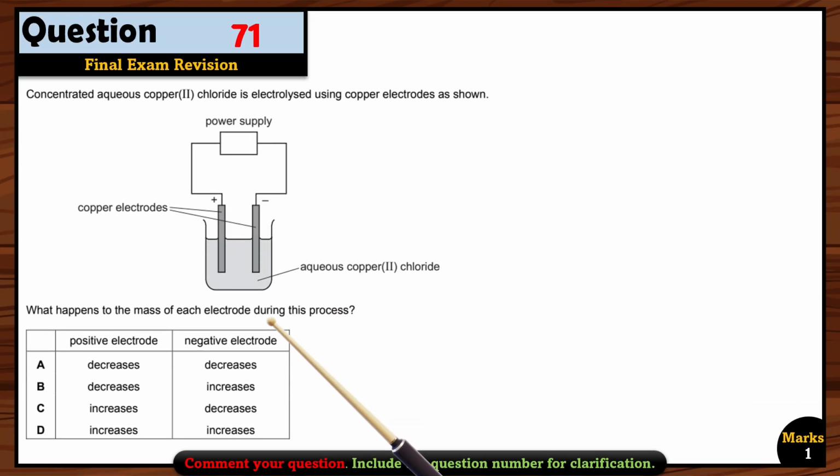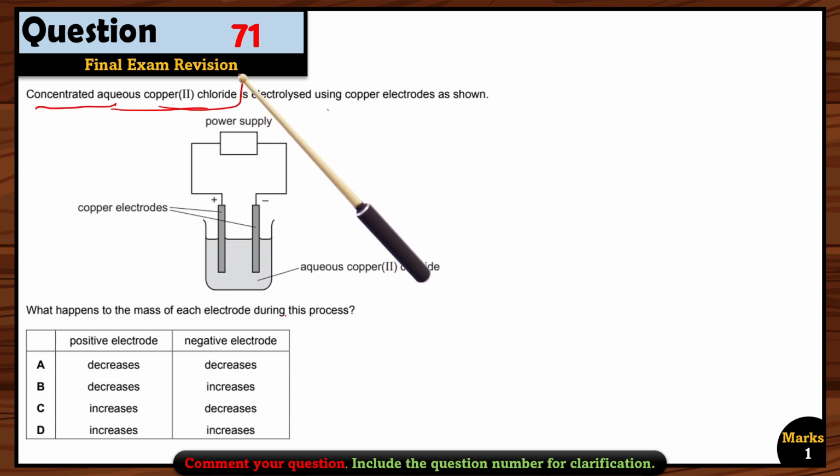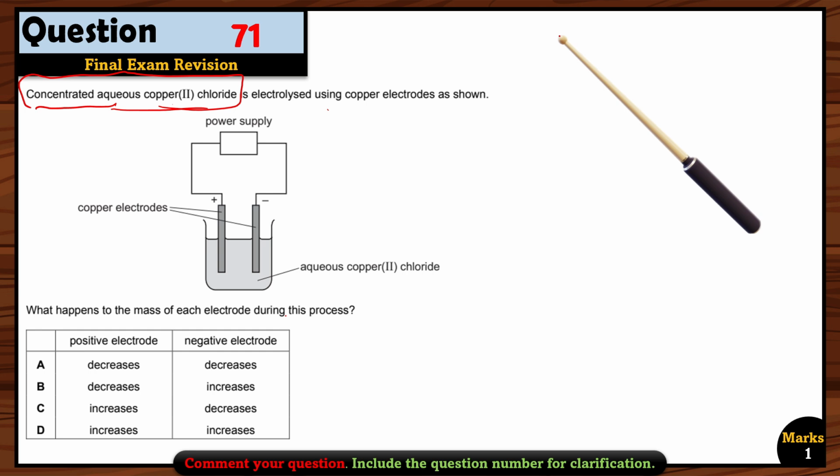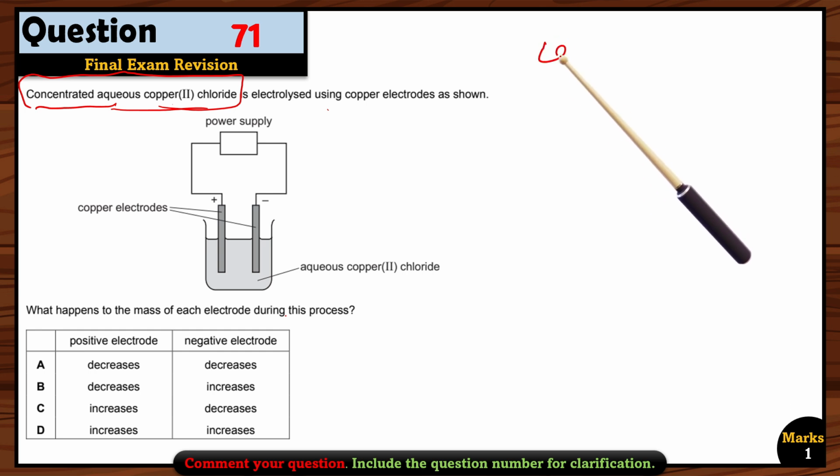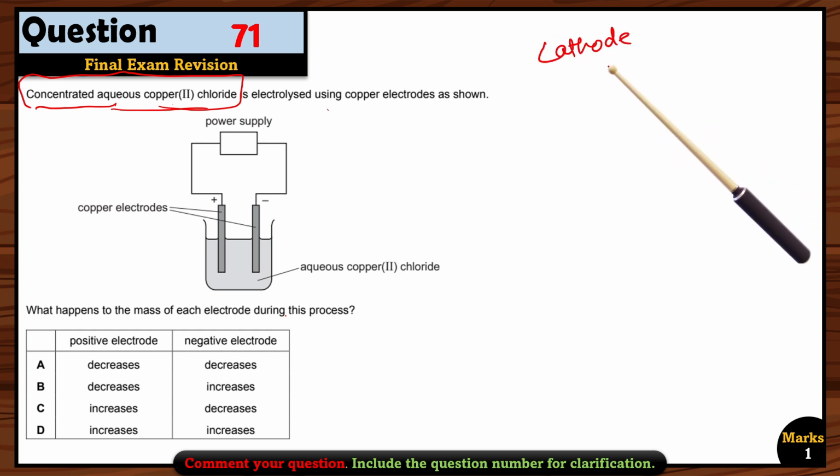Question 71. Concentrated aqueous copper chloride is electrolyzed using copper electrodes as shown here. What happens to the mass of each electrode during this process? So this is concentrated aqueous copper chloride, right? So when it's aqueous and we have copper, of course, at the cathode you are going to get copper.